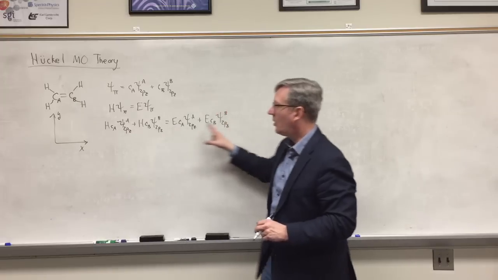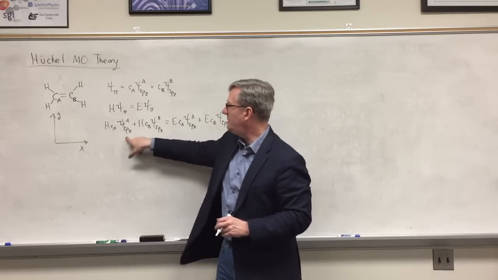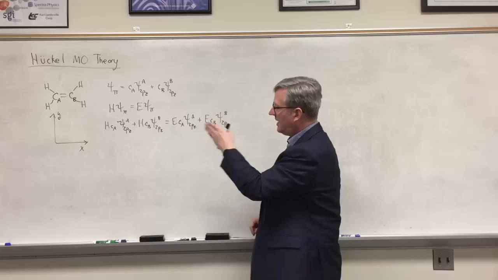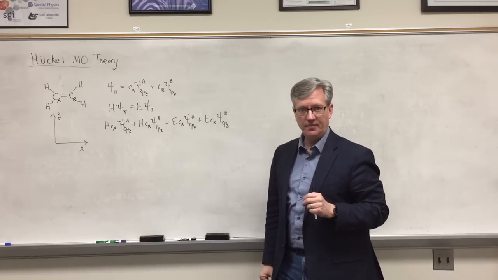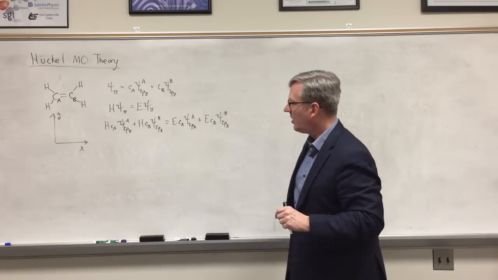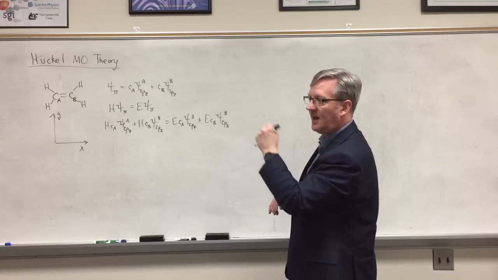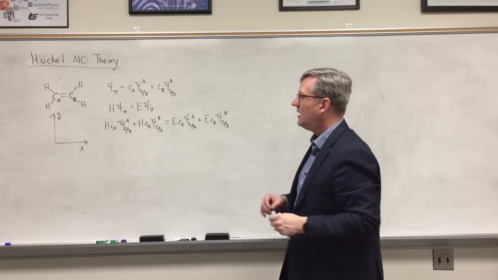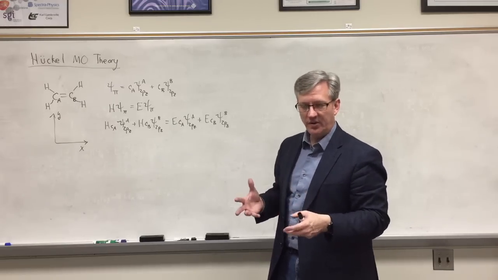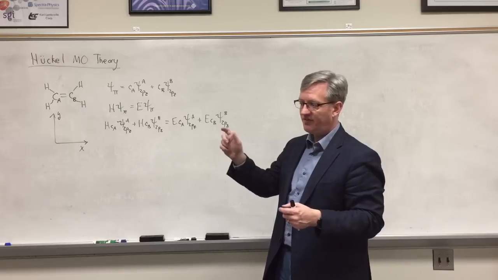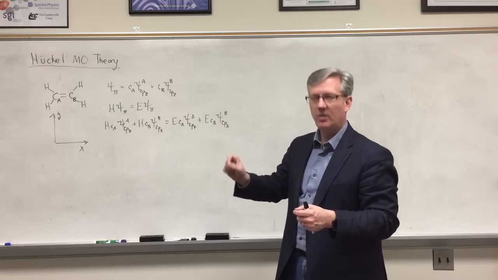After I've multiplied this whole equation on the left by the 2pz orbital on A, I'm going to integrate all four terms. Formally, at least, integrate all four terms. So let's write that down, multiplying on the left by psi 2pzA, and then integrating over all space. Since it's all space and I'm not defining a coordinate system, I will define the differential volume element as d tau.